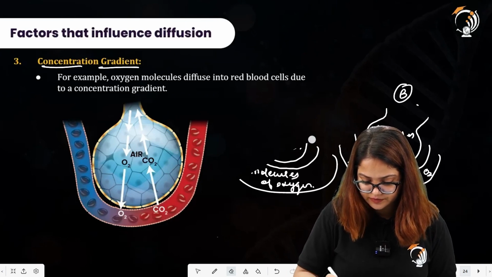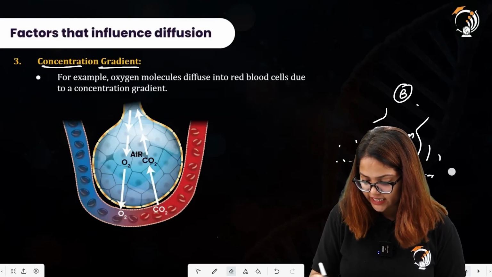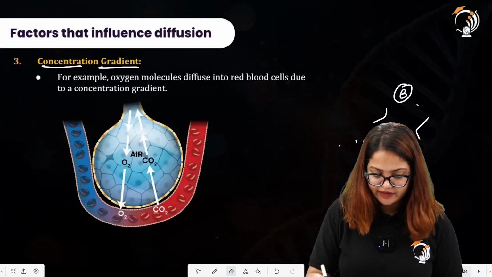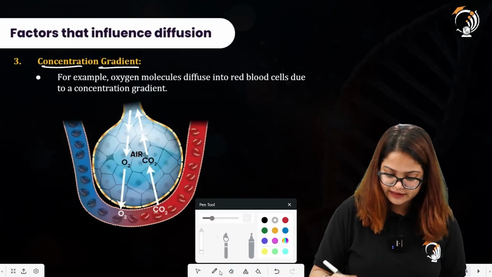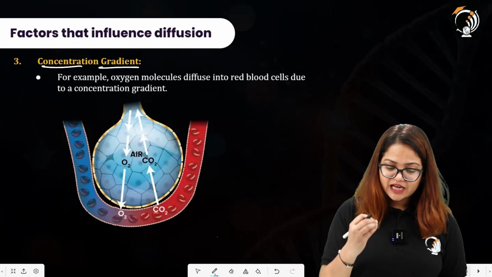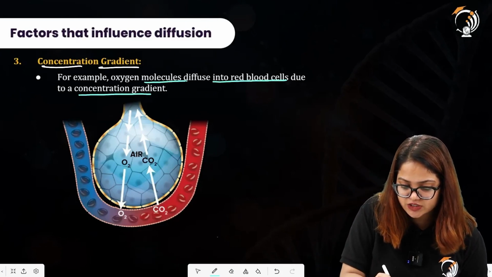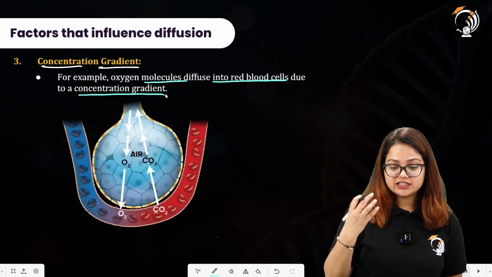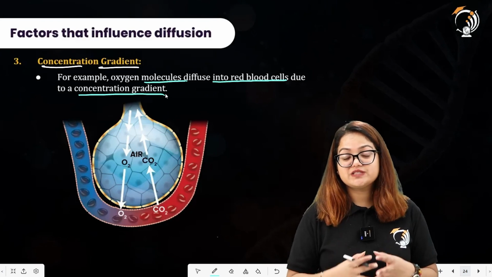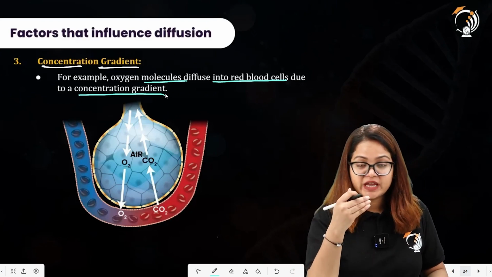All right. We will occupy this space to write the pointers as well. Here we have the illustration that tells that, for example, oxygen molecules diffuse into the red blood cell due to a concentration gradient. Actually, this is very true, and this is why the diffusion of oxygen molecules takes place across the alveolus.